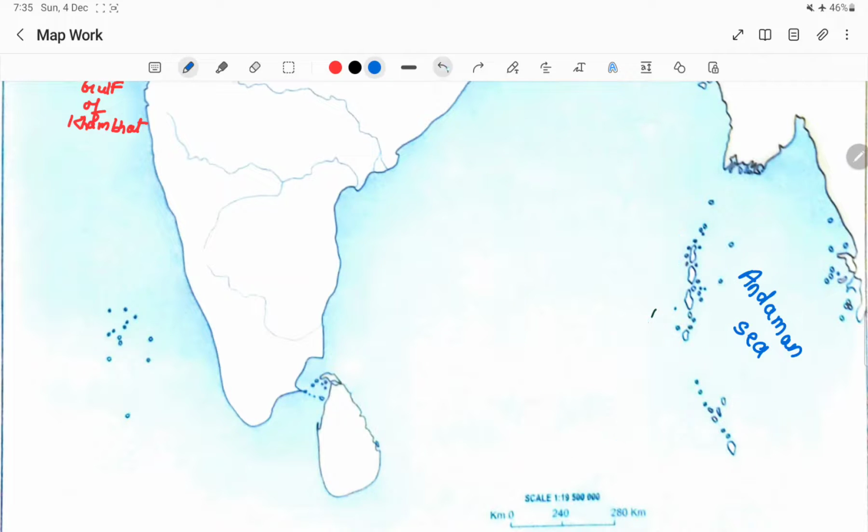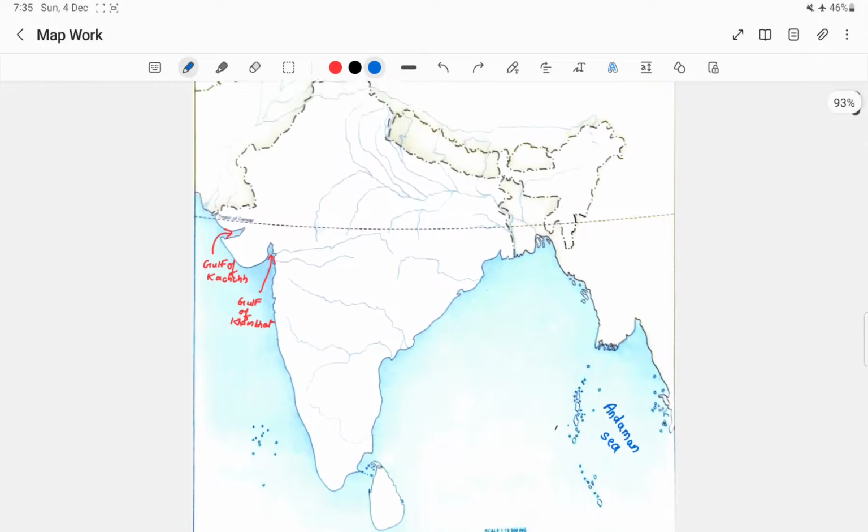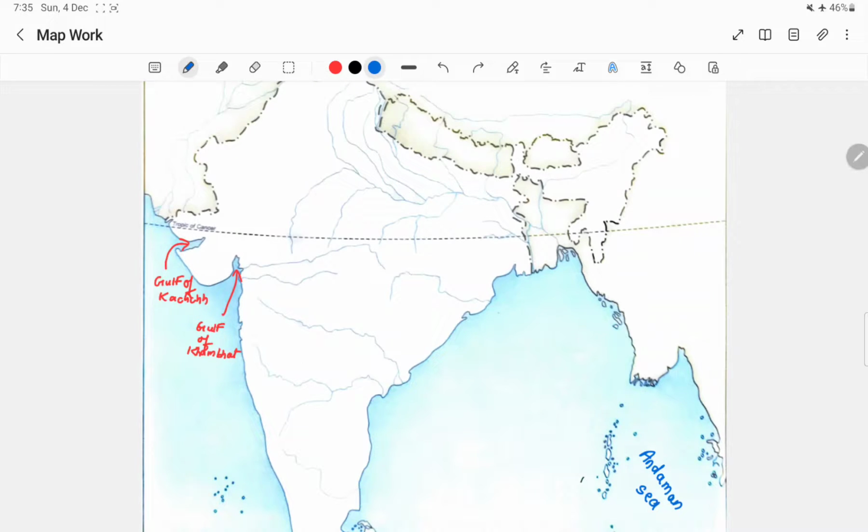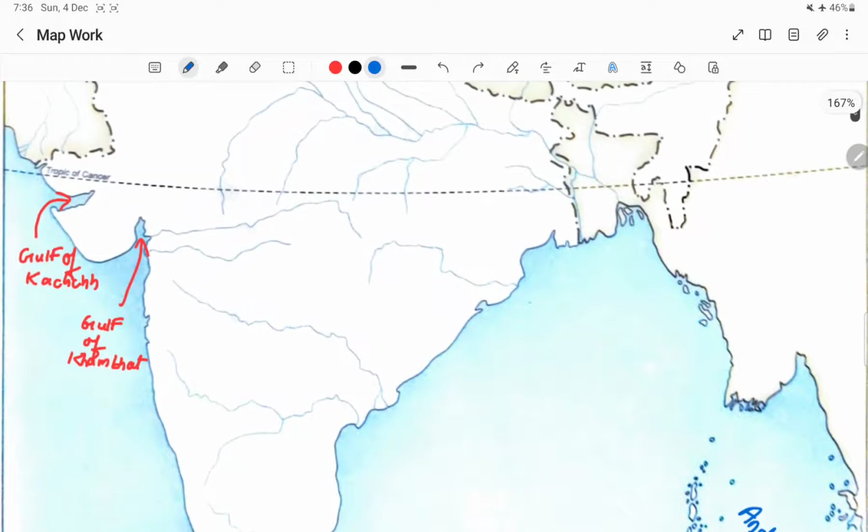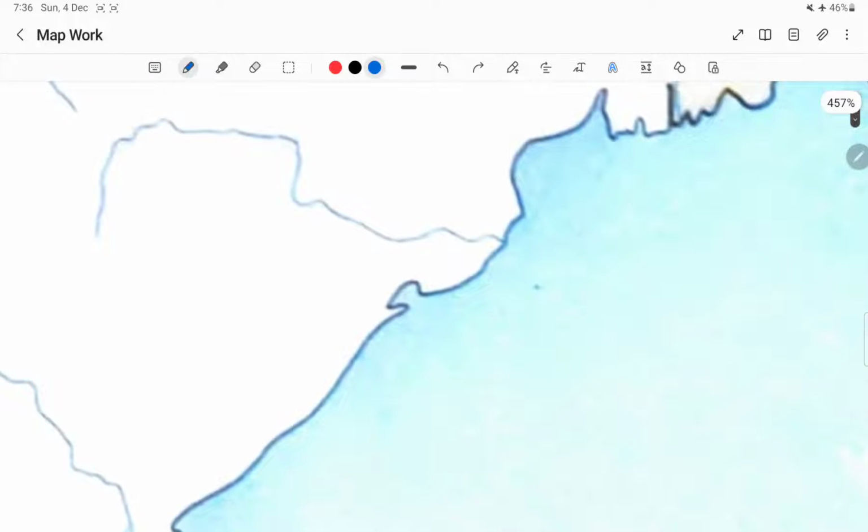This point has to be noted while marking the Andaman Sea. Now, after the Andaman Sea comes the Chilka Lake. For the Chilka Lake or any type of lake, we always mark it with a single dot. So this will be the Chilka Lake.